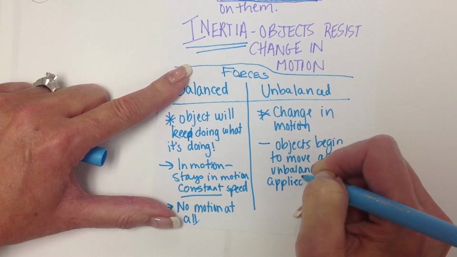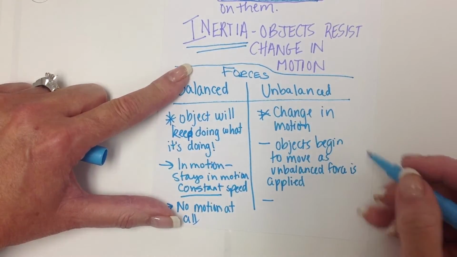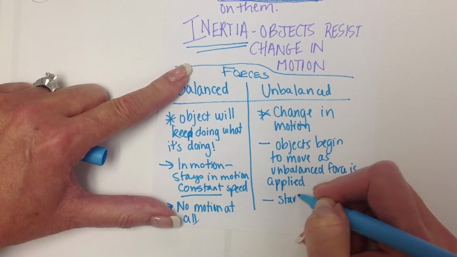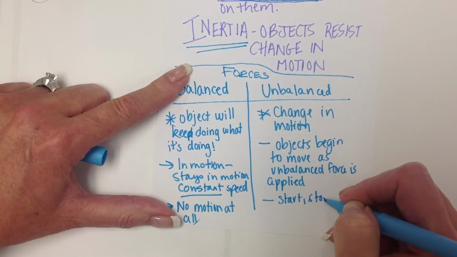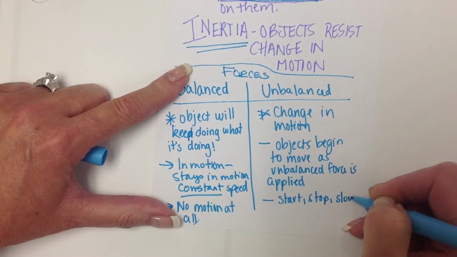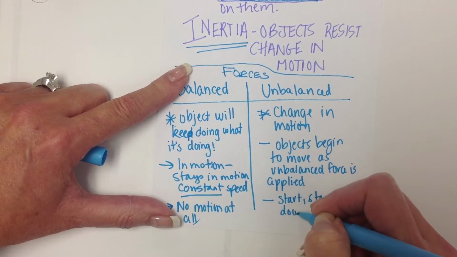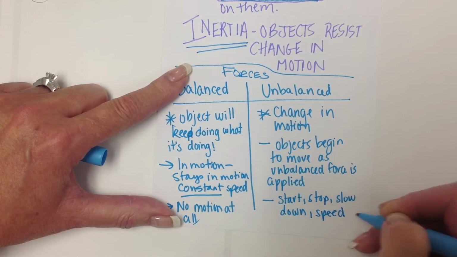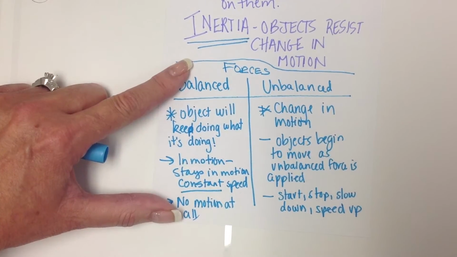Or it could also mean that they change their motion, in that maybe they stop moving, they slow down, or maybe they speed up. And those are examples of an unbalanced force.